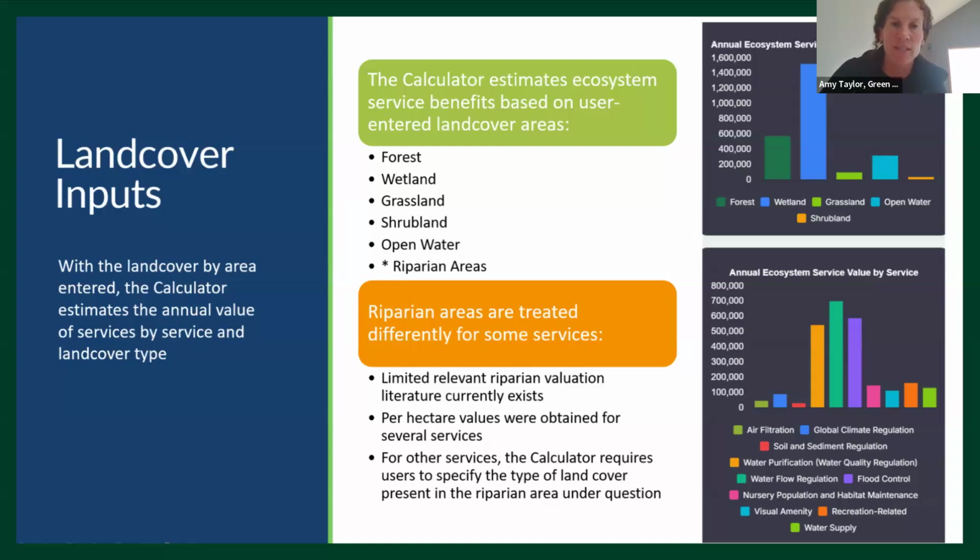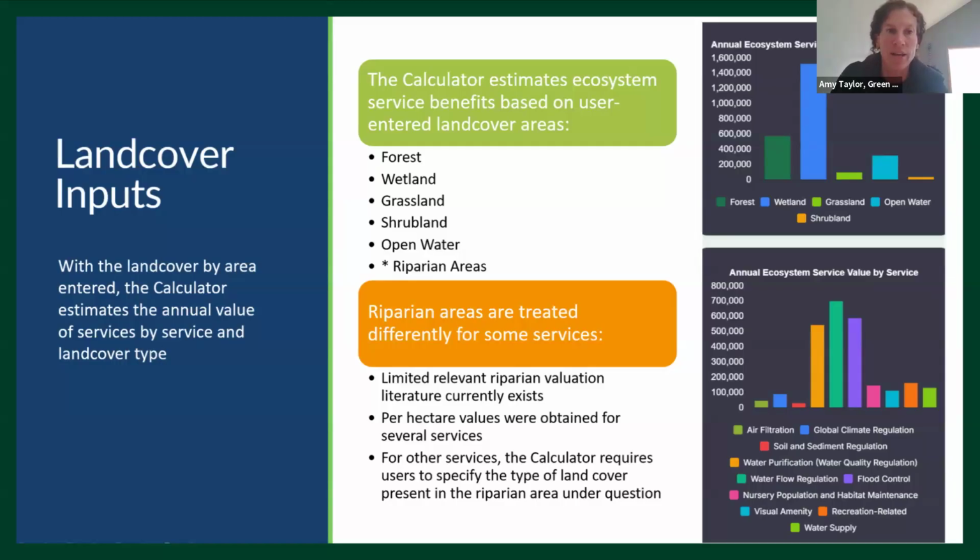For the services where we didn't have riparian-specific values, users enter the land cover types that are associated with the riparian area in question. So if your riparian area is comprised of a bit of forest, a bit of wetland, and a bit of grassland, you put the respective areas for those particular land cover types within the riparian area into the calculator, and you'll be able to derive service values for those other services.